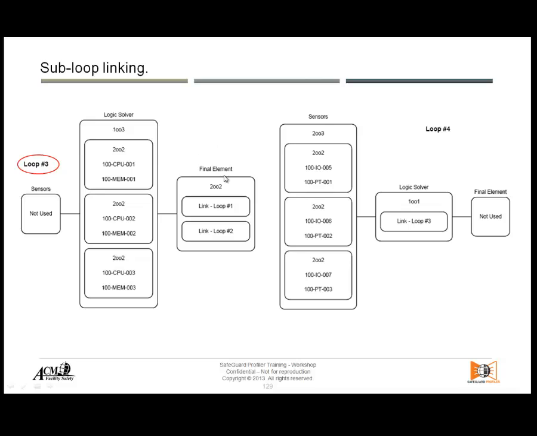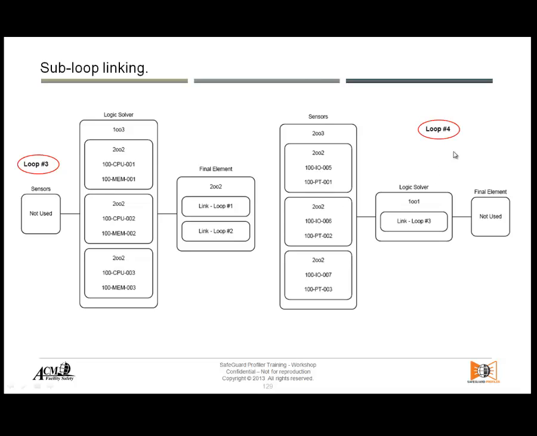But when it comes to the final element, I'm going to link those final elements to loops instead of creating elements in there. So I will link to loop number 1, and then in a 2 out of 2 configuration it will also be linked to loop number 2.